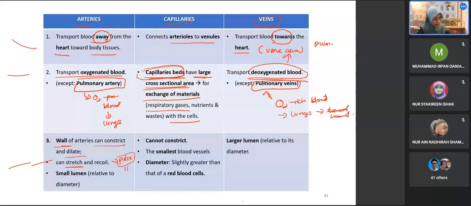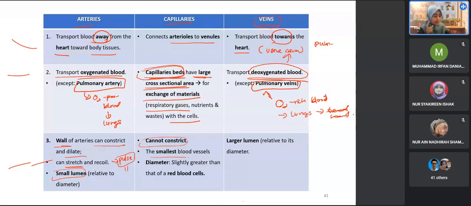And then for the artery, it has a smaller lumen relative to its diameter. And as for the capillaries, because it is lacking the tunica media and also the tunica adventitia, it cannot constrict. It only has one layer, the endothelium layer.